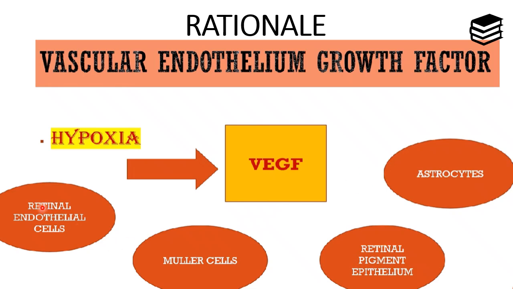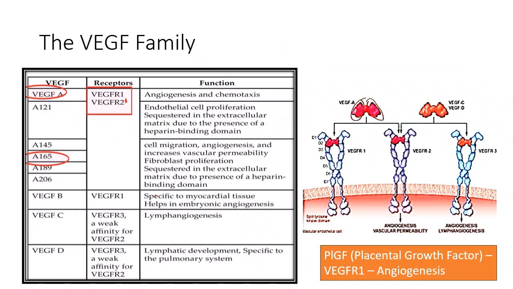All these four types of cells produce vascular endothelial growth factor, which incites inflammation and neovascularization, leading to the complications of diabetic macular edema and neovascularization.